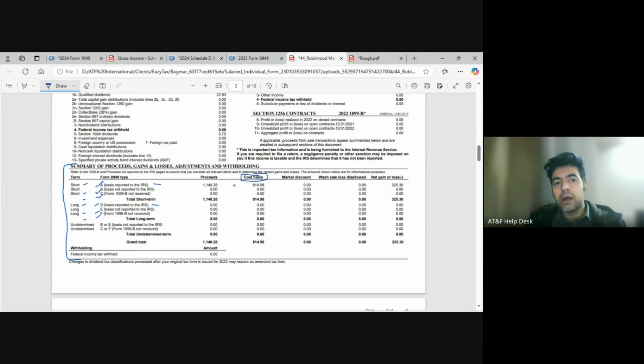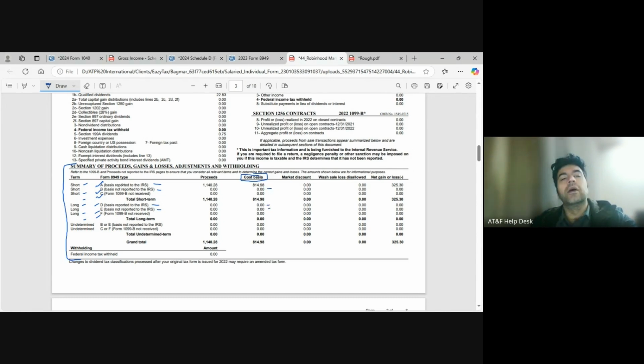Whatever amount is there in box A and D has been reported to the IRS by this broker. That means IRS knows about this cost basis. So you can never change that, right? Box B and E are those which say basis is not reported at all to the IRS. So this cost basis is not reported to IRS. It is reported only to you.